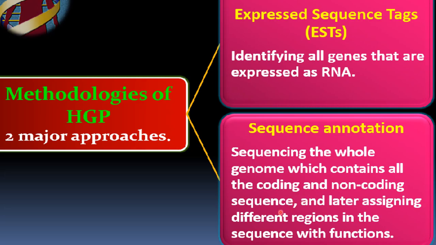The whole genome is sequenced here, and later different regions in the sequence are assigned functions. So first the whole genome is sequenced, and after that the region coding for any particular protein is assigned later, with their functions. So these are two approaches which can be used for the sequencing of a genome and which were used for the Human Genome Project.